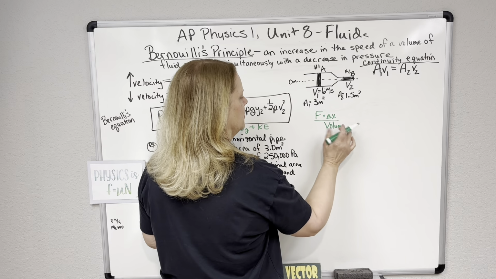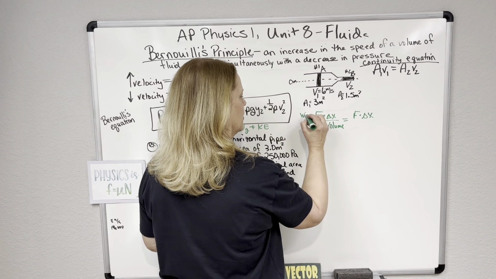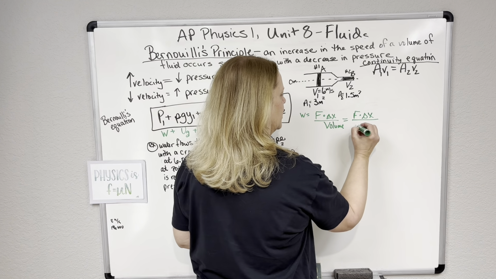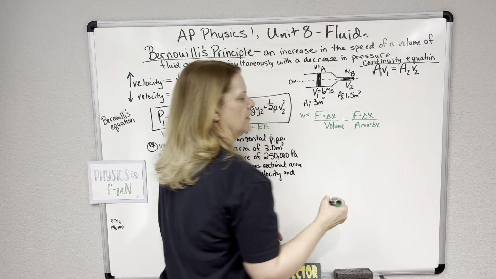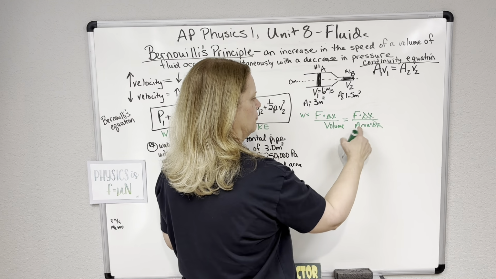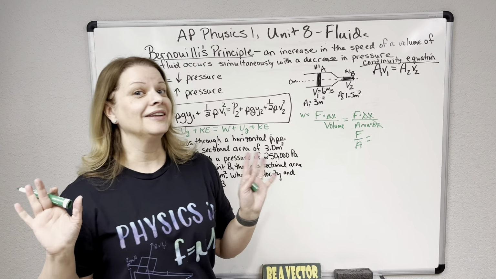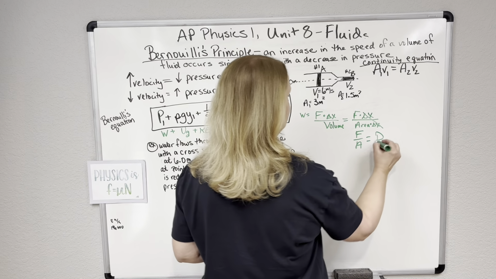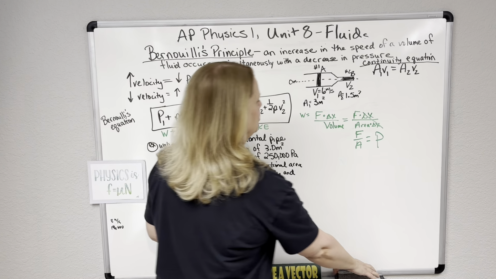Work is force times delta x, force times displacement. Volume is area times displacement, area times h, you could say. Look, these cancel out, and we're left with force over area. Well, what is force over area? We saw that in some of our earlier videos in this unit. It's pressure. So this pressure is kind of representing the work that's done there over a volume of water.